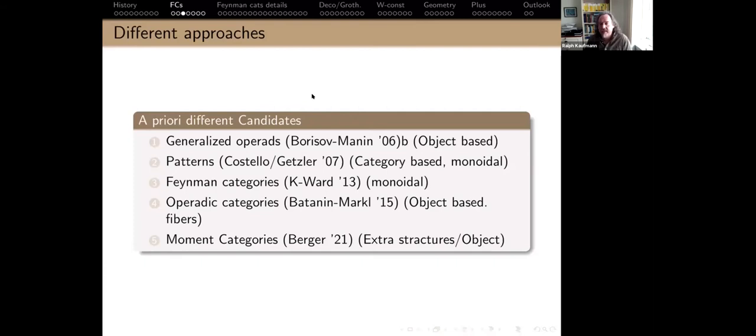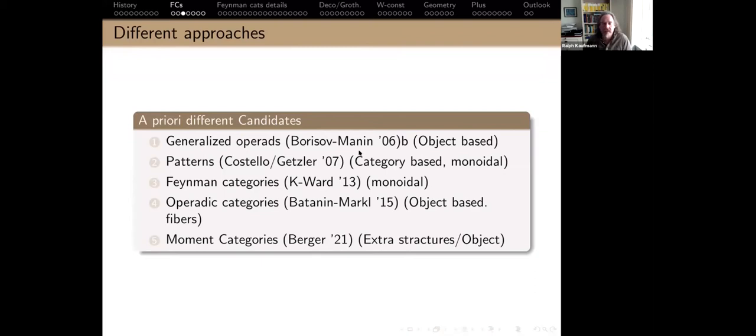And they sort of have an object based, like the May, I call the May definition object based because it's a collection of objects. And sort of this old Boardman-Vogt idea category based. So they went back to this May object based definition. And then Costello wrote a paper, and Getzler made these constructions precise in the notion of patterns. And these are basically category based.